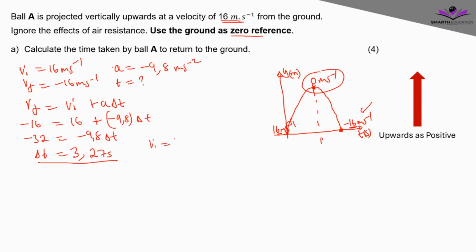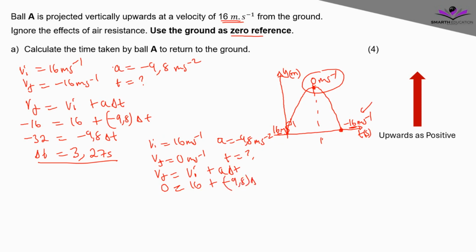Now, if we use 0 meters per second as the final velocity, we have our initial velocity, which is 16 meters per second. We're still taking upwards as positive, so a is equal to negative 9.8 meters per square second. And our final velocity is 0 meters per second. We're still looking for time. We use final velocity is equal to initial velocity plus acceleration times time. 0 is equal to 16 plus negative 9.8 times time.